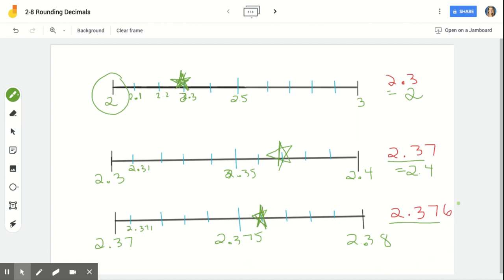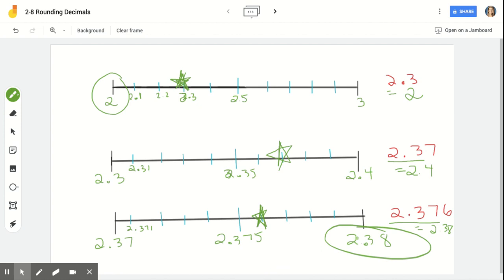Is this number 200? Sorry, I'm getting tongue twisted here. 2 376,000ths. Is that closer to 2 37/100ths or closer to 2 38/100ths? Yeah, it's closer to 2 38/100ths. So if I were to round this to the nearest hundredths place, I would say it's closer to 2 38/100ths.